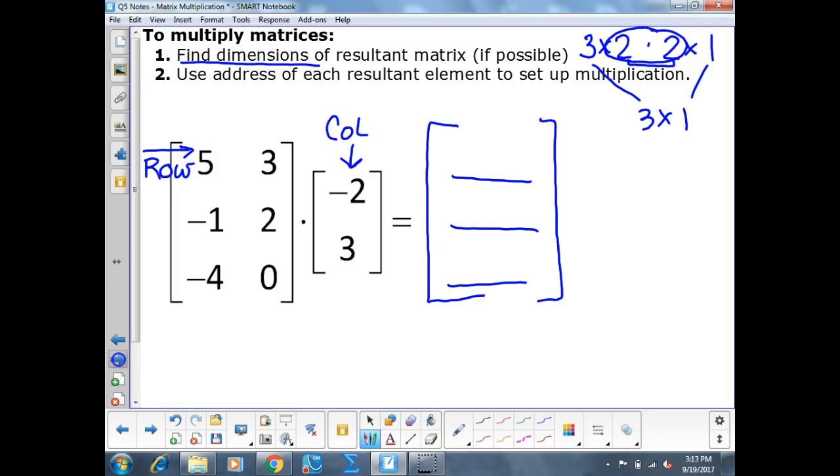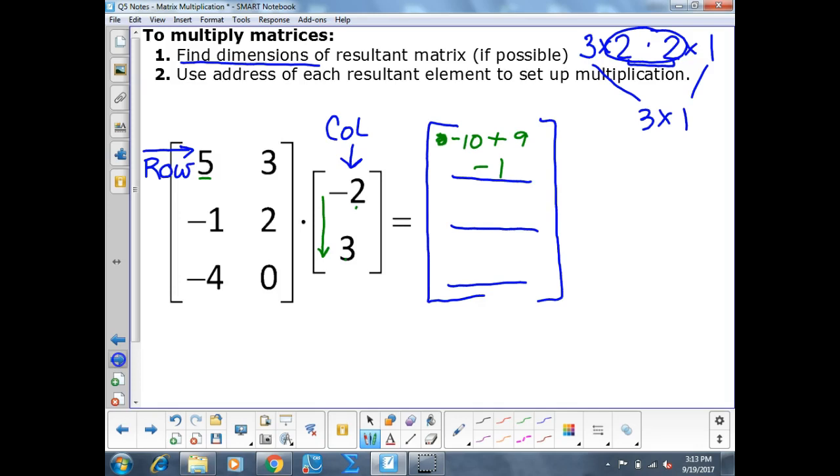I'm going to take 5 times -2, which is going to be, let's just go right to -10. And then I'm going to add to that 3 times 3. Remember, I'm going across the row and down the column. So 3 times 3 is 9. And so the element in row 1, column 1 is going to be -1.